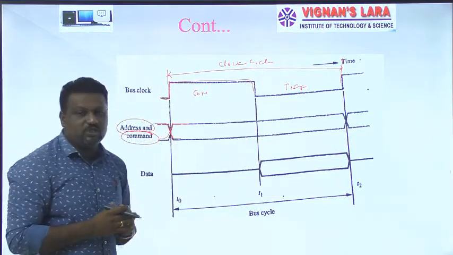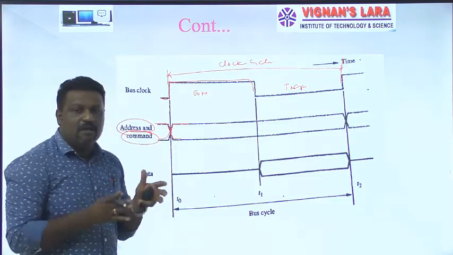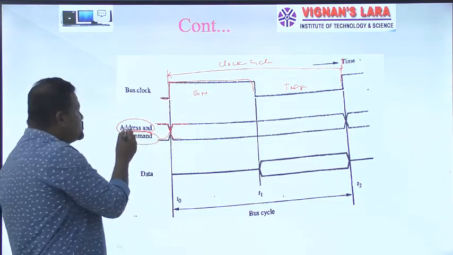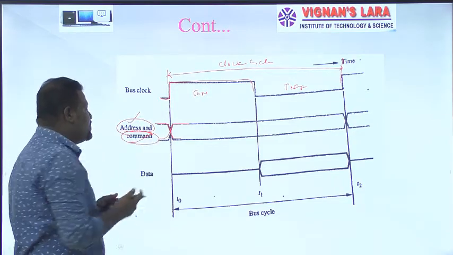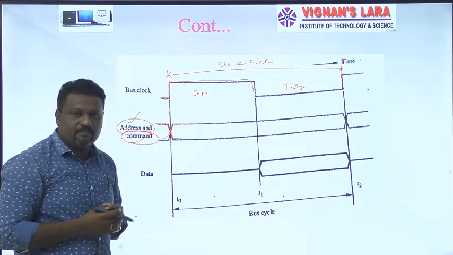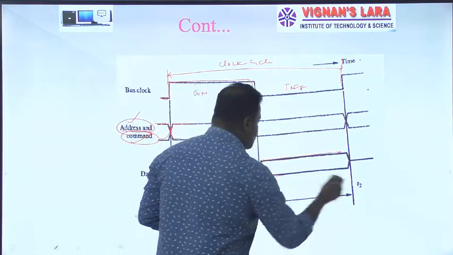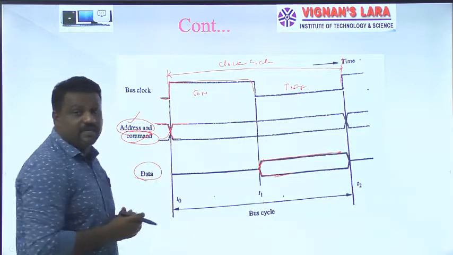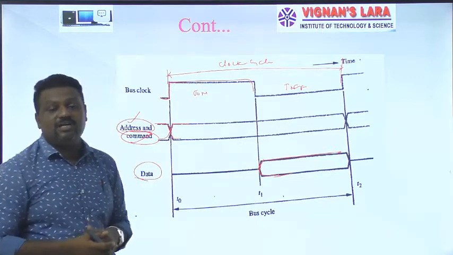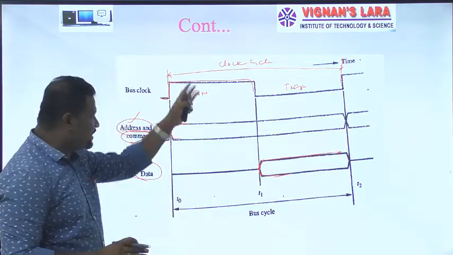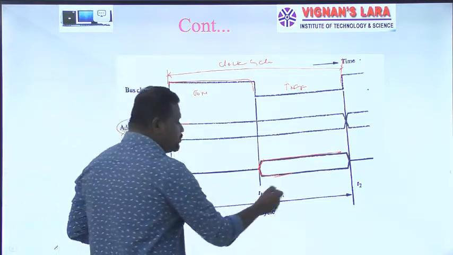Here it is multiple signals, because I am sending both address information as well as command information. And here also I am representing a multiple bus structure, because I am going to transfer data. Data is not a single bit, it is multiple bits. In this entire communication, I am going to divide this into the T0 period, T1 and T2.